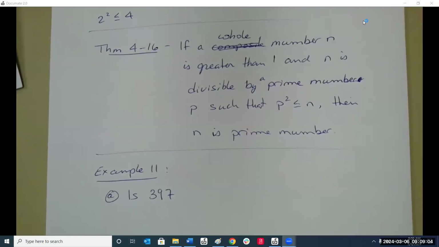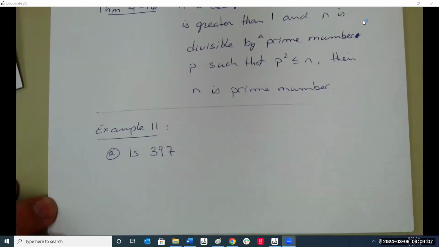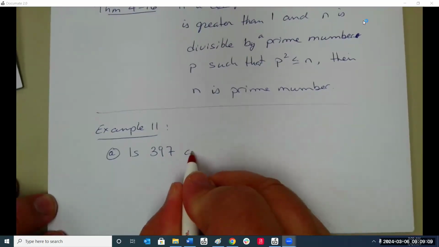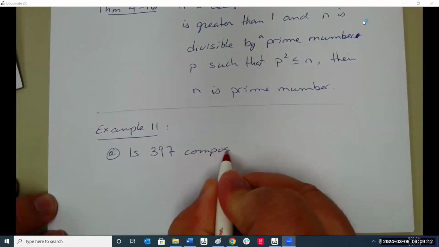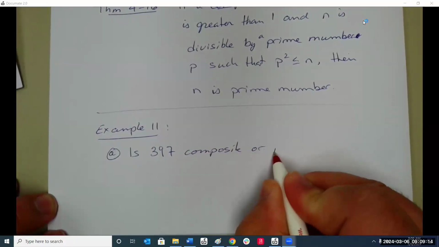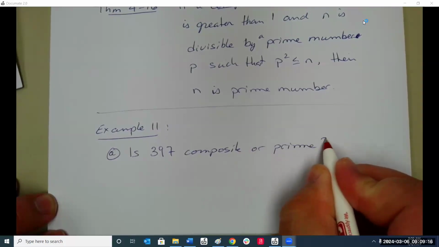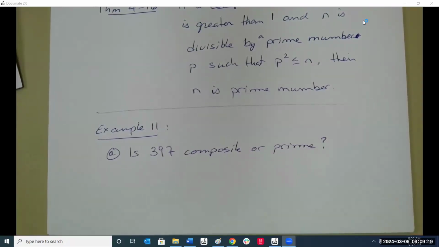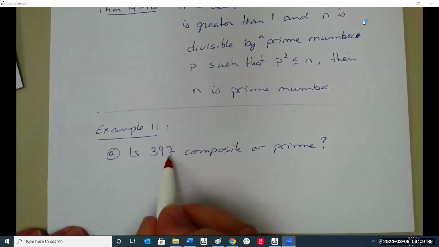Now, is 397 composite or prime? So you have to go through all those rules of divisibility. We know it's not divisible by 2 because it doesn't end in an even number or 0.